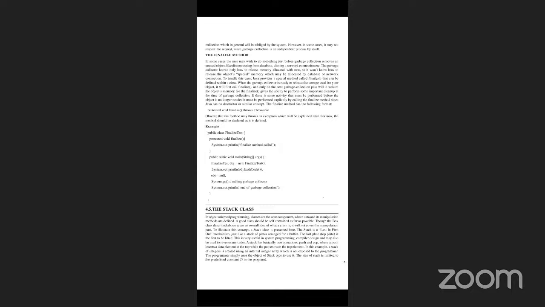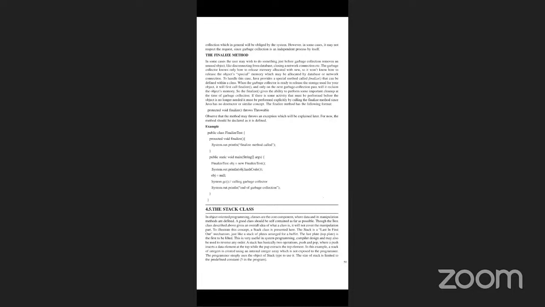Since Java has no destructor or similar concept, the finalize method has to be followed. What is this finalize method? Whatever is not in use, I have to write it in a specific place like finalize. Don't use it when it is not required. Please reuse it for the next usage.